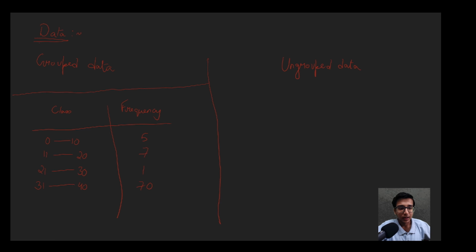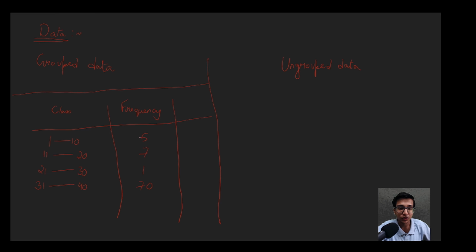This way the intervals in class work. Sorry, this needs to be 1, so that the intervals in class remain the same for all different frequencies. So this here is grouped data.